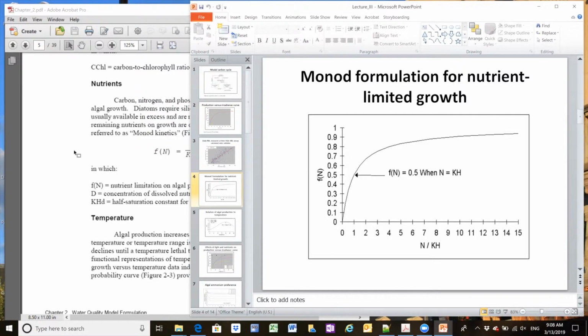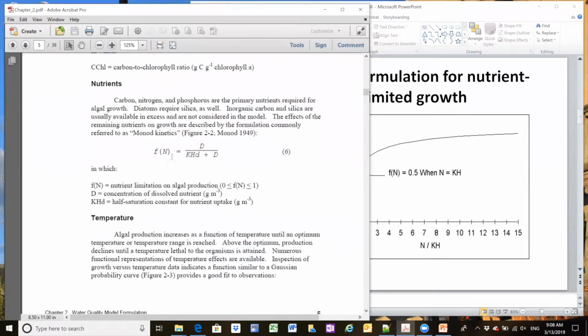The parameter that determines the impact of nutrient limitation, if you will, is this thing KH. That's the nutrient concentration at which the maximum growth rate is halved. That's why it's called KH.